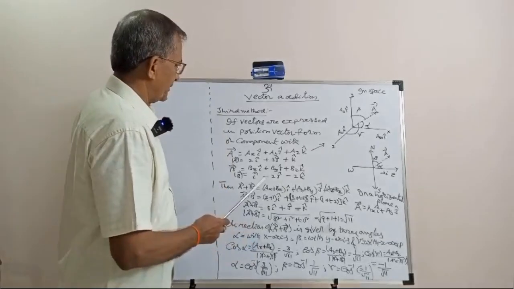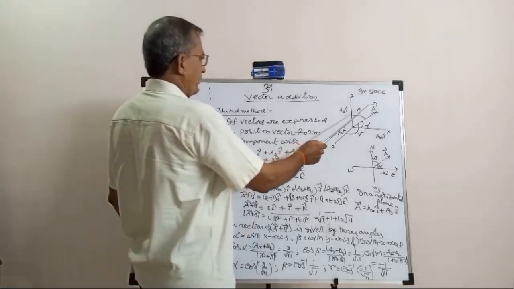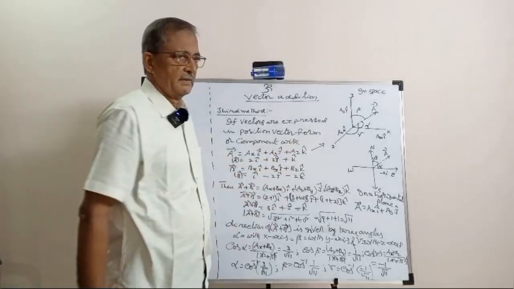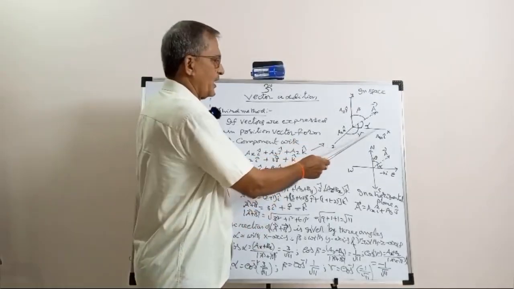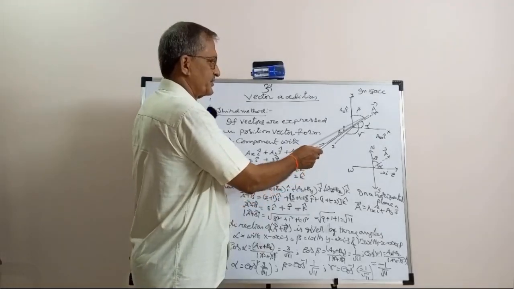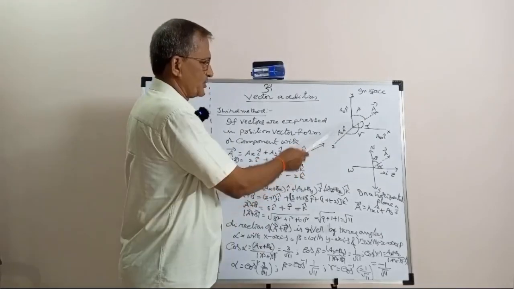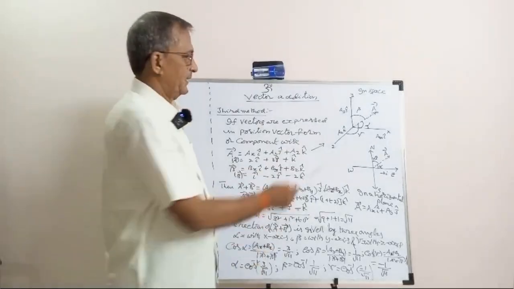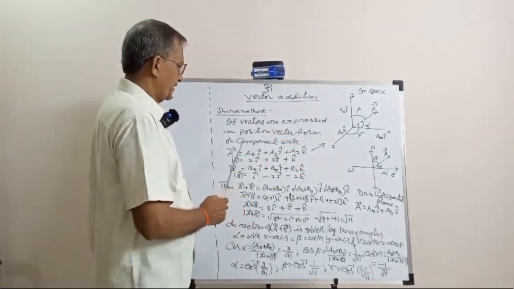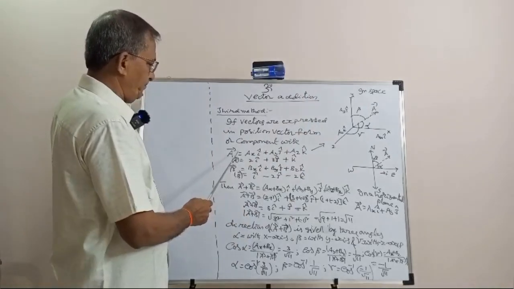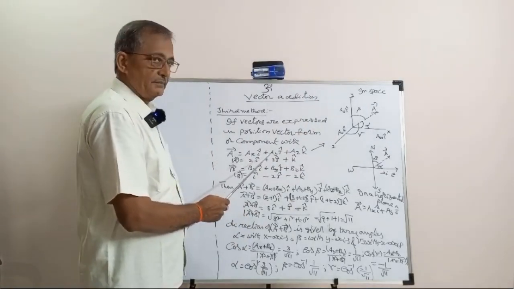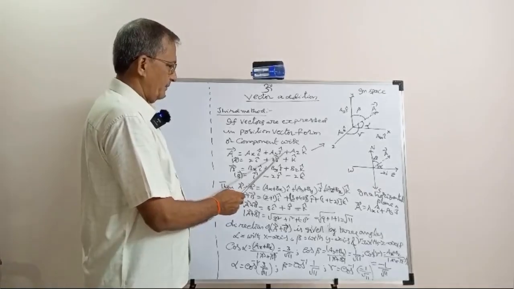So let us consider a vector A bar represented in space with reference to a coordinate system. Now, this vector A bar is also called the position vector of a particular point, and it is represented numerically as A bar equals Ax i plus Ay j plus Az k.